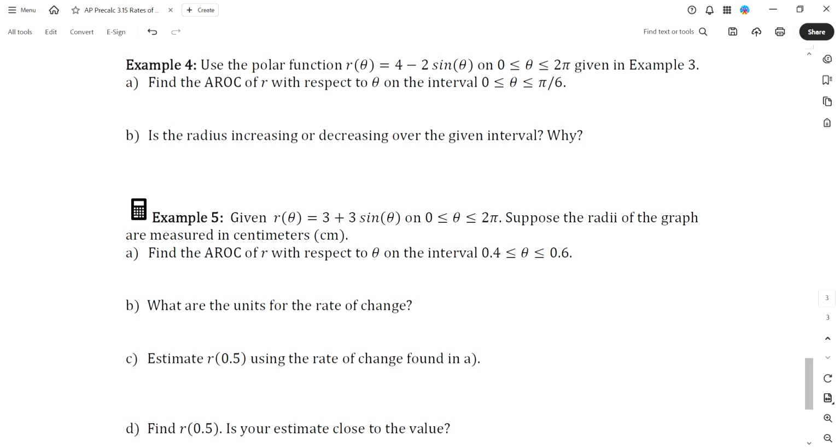Step 1: r of pi over 6 minus r of 0, over pi over 6 minus 0. It's the rate of change, right? I'm starting at 0 and going to pi over 6. Well, it's not a tangent line, but it's a secant line, but they're similar ideas.